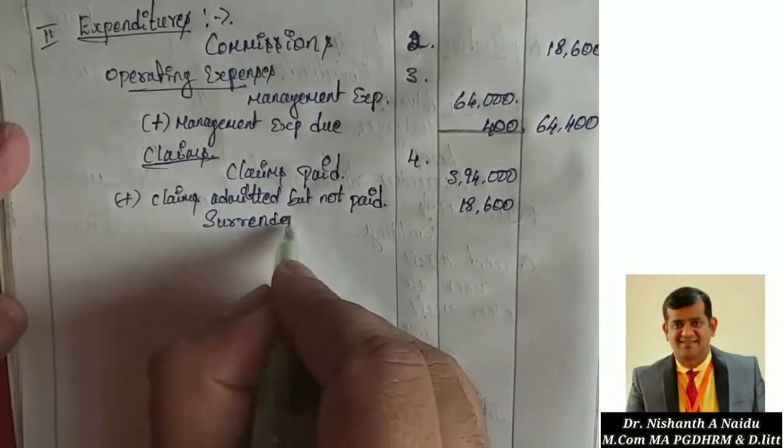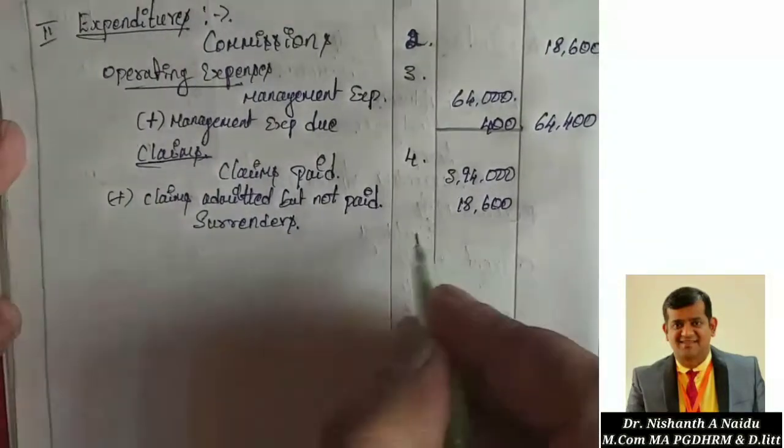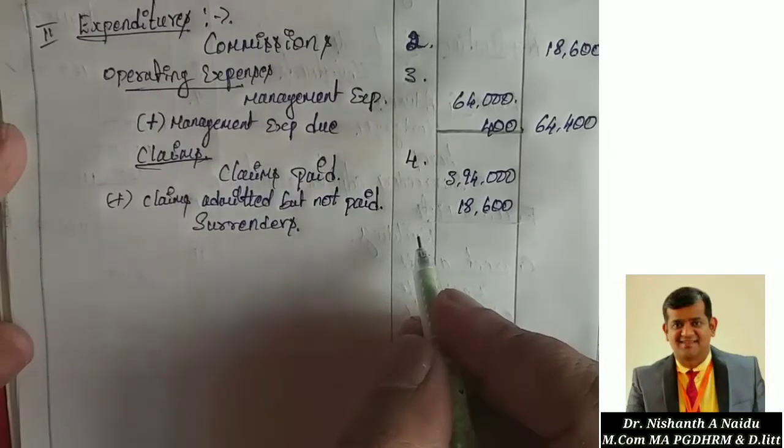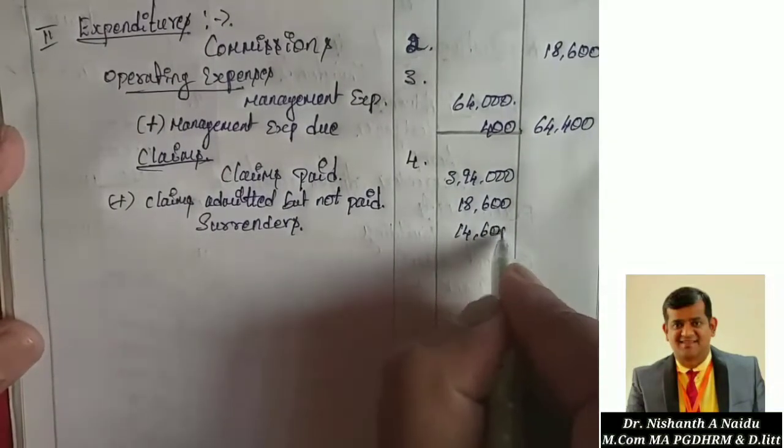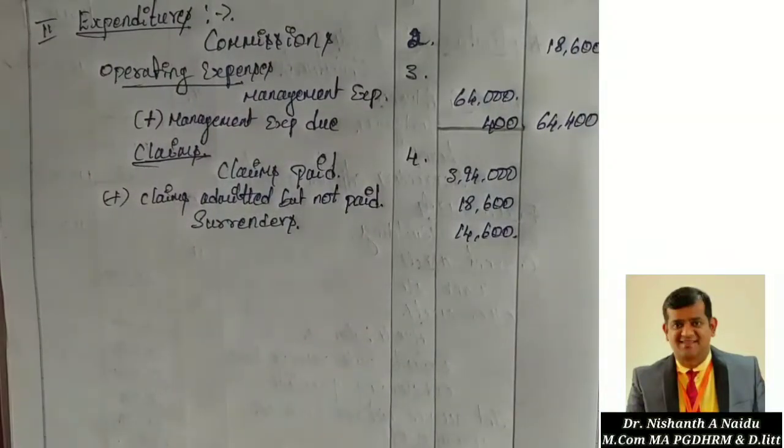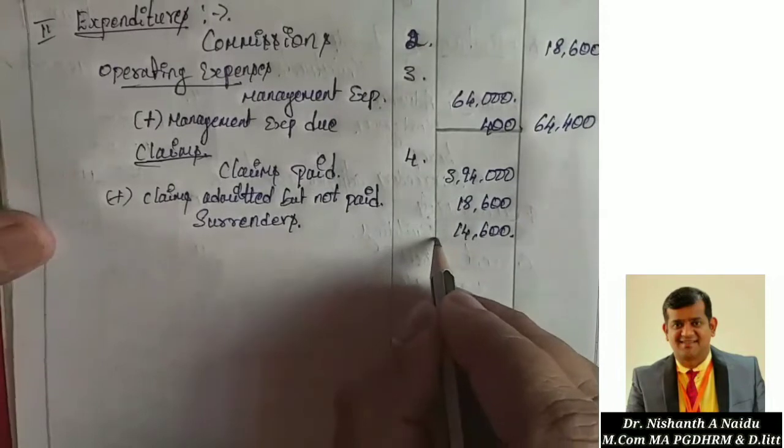Then you have surrenders. Surrenders means the policy which has been surrendered and it should be claimed. That is the trial balance last item, 14,600 rupees. Clear? So I think almost all schedule number 4 items I have taken. You also check, because you have already marked it. So no doubts, right?